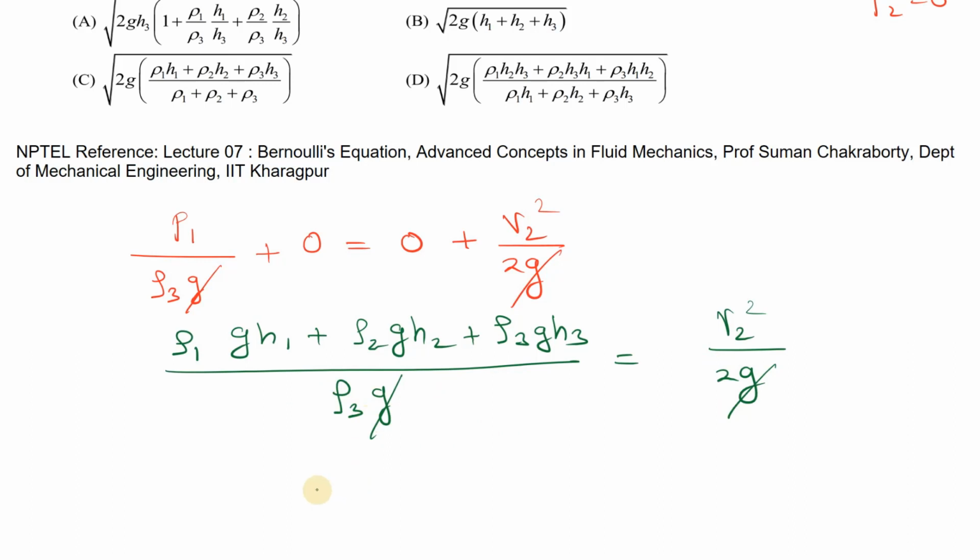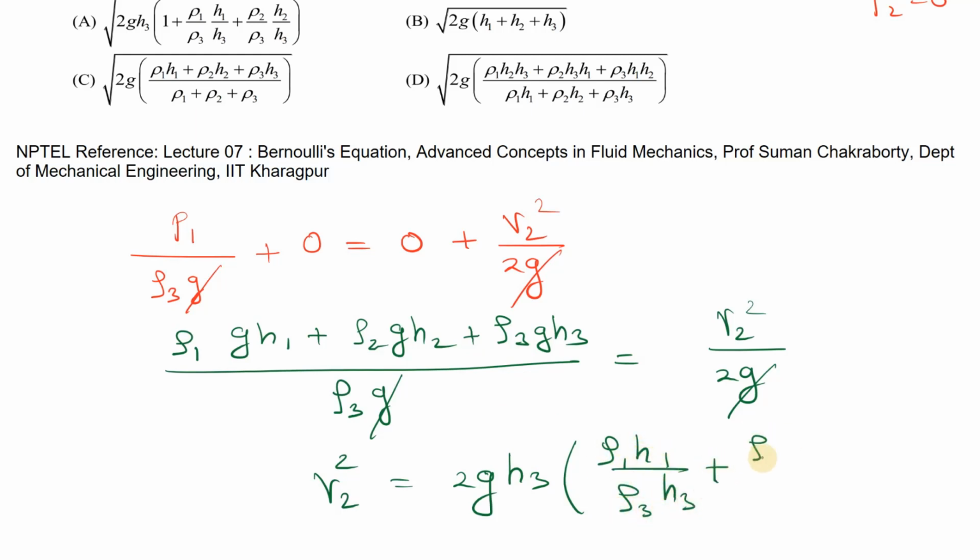So from here V2 square is equal to 2G, and taking H3 common, 2G H3 into rho 1 H1 upon rho 3 H3 plus rho 2 H2 upon rho 3 H3 plus 1.